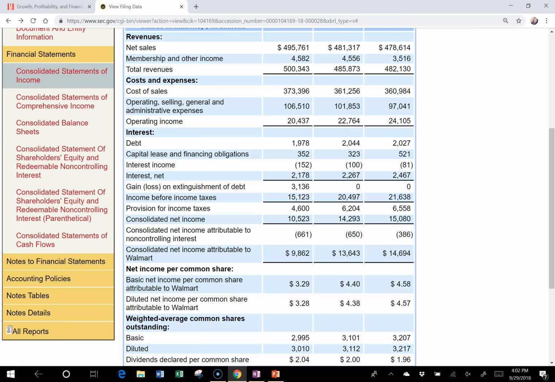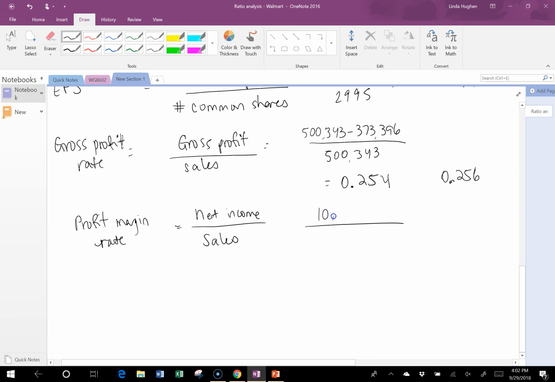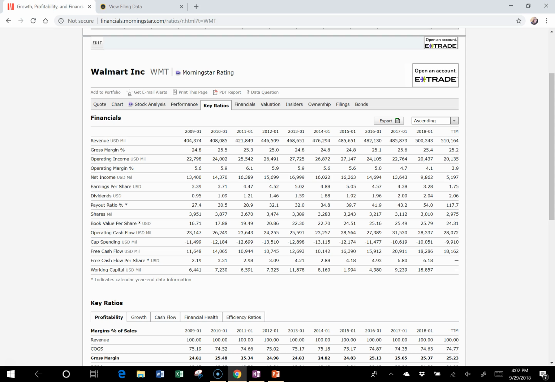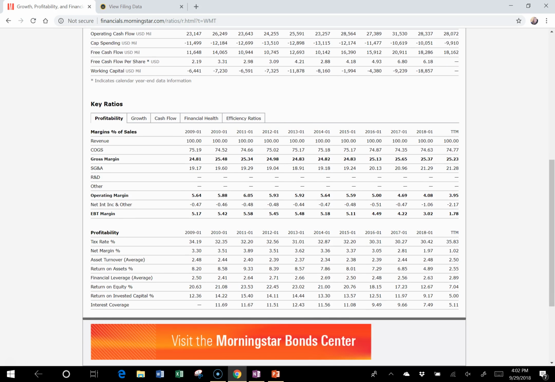So 10,523 divided by sales of 500,343. And what is the profit margin rate? What percentage of sales ends up as income? 2%, 0.02. And let's look at how that fared last year by going to Morningstar and looking for the profit margin rate.